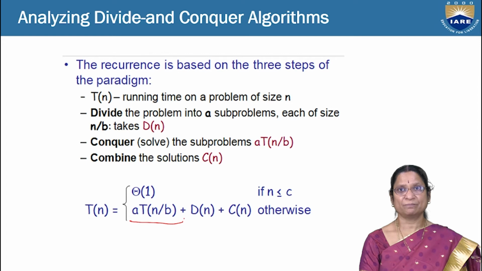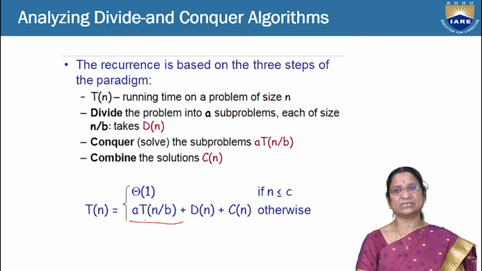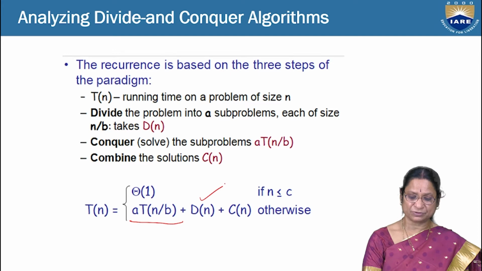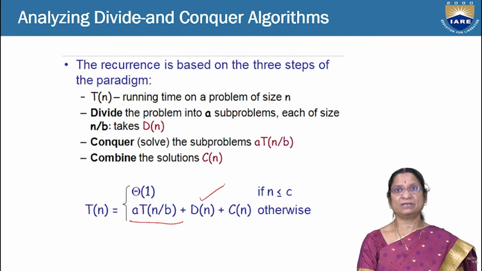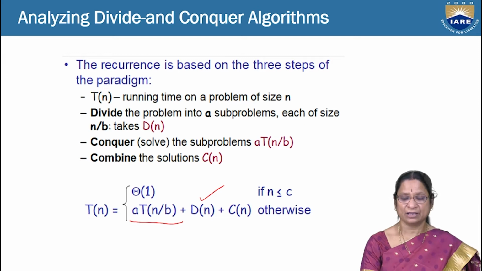Since there are a subarrays, we get a into T of n by b. Every time we also have to consider the merge process. D of n is the division time, a constant, and C of n is the merging time.